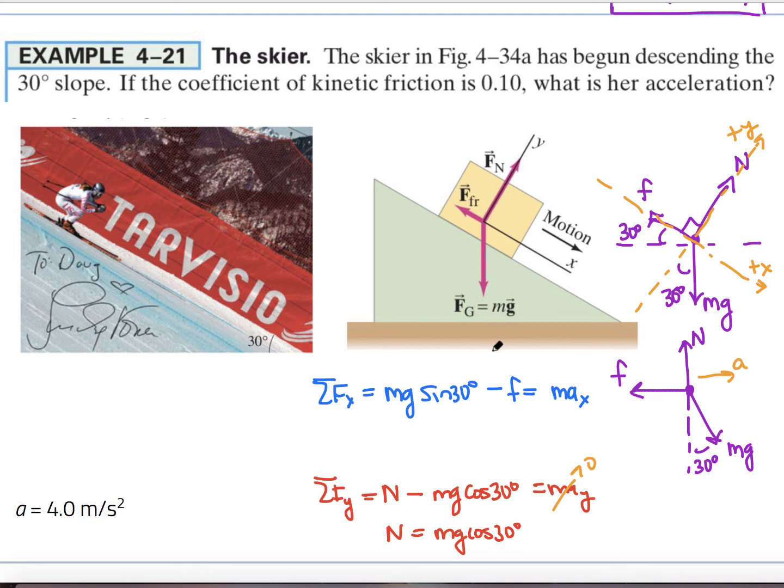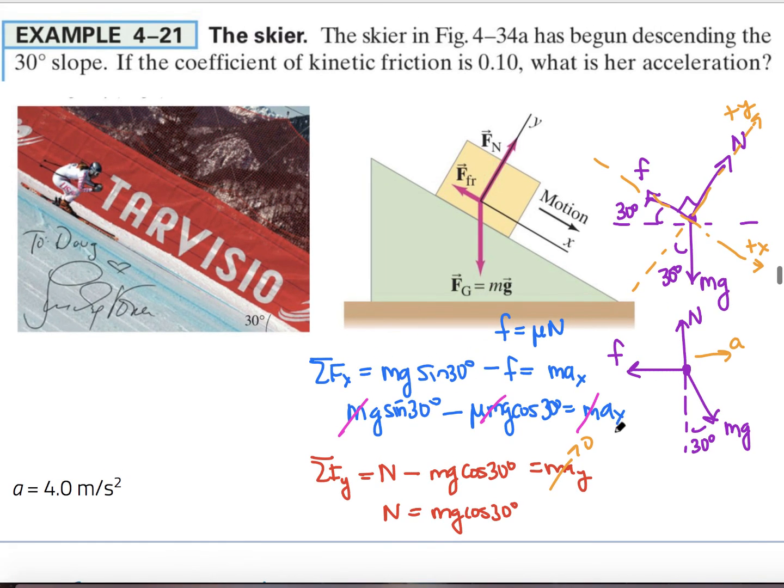So my friction force, which we say is mu times normal, is now going to be replaced with, so we have mg sine of 30 degrees minus mu times, well, my normal force is mg cosine of 30 degrees, and that's equal to m times my acceleration. Oh, so I see now that actually every single term has an m in it, so I can actually eliminate all of the masses. That's nice and useful.